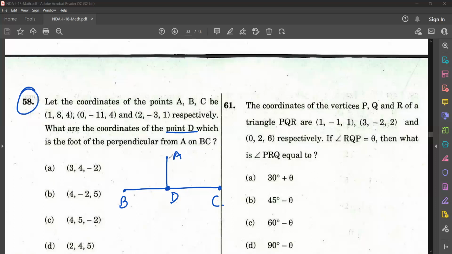A they have given as (1, 8, 4), B as (0, -11, 4), C as (2, -3, 1). Find D, the foot of the perpendicular from A to BC.